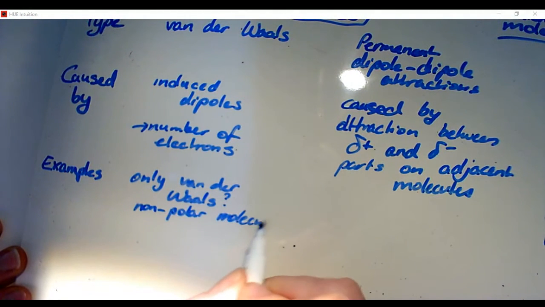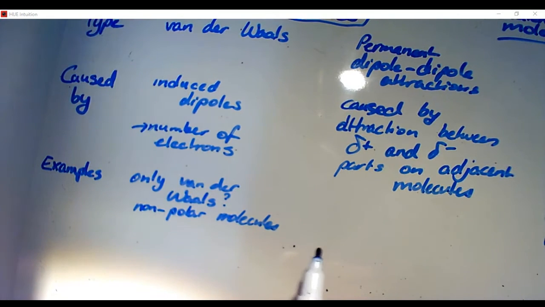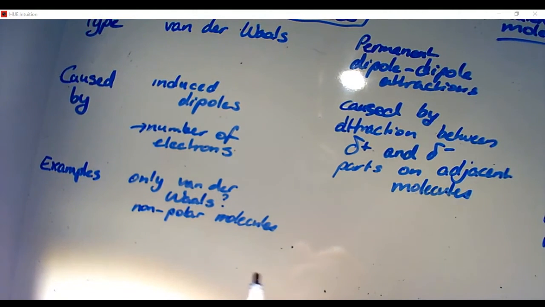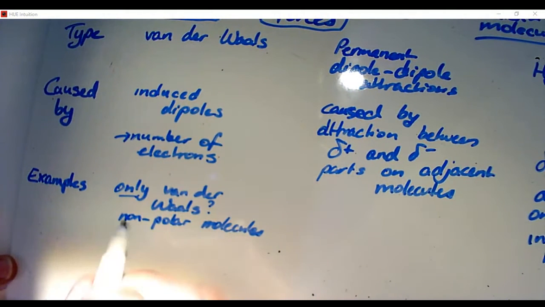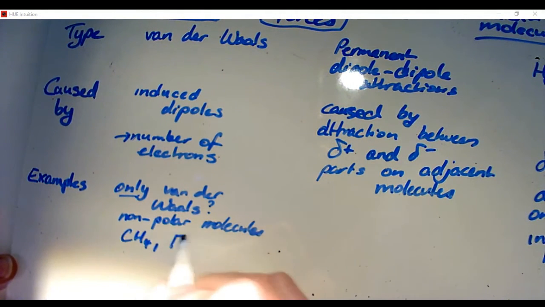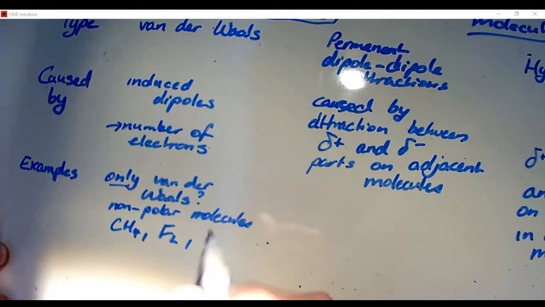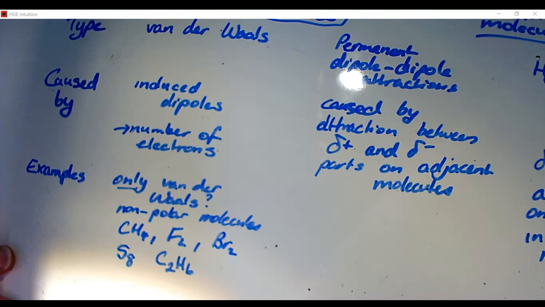But I should say that because all molecules have electrons, they all actually have van der Waals forces. But if you have only van der Waals forces, it's non-polar molecules. So anything like CH4, F2, anything at all that has non-polar bonds, Br2, S8, C2H6, ethane, anything at all like that. Okay, they have only van der Waals.